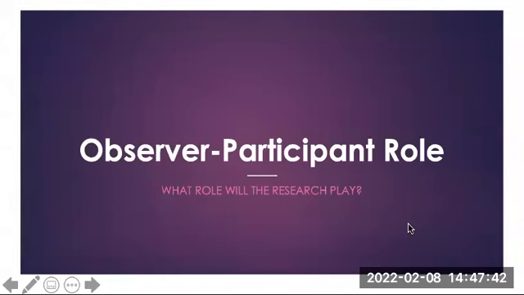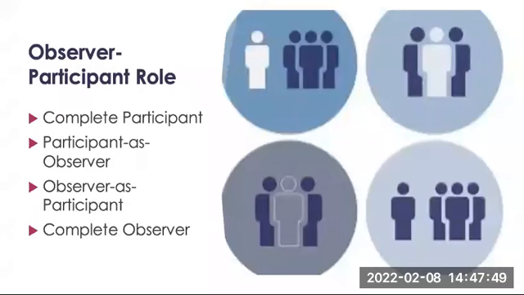So let's now talk about the different roles a researcher can play in qualitative research. In qualitative research, a researcher can serve as a complete participant. What this means is that they can become a full participant in the activity, program, or community that is being observed.